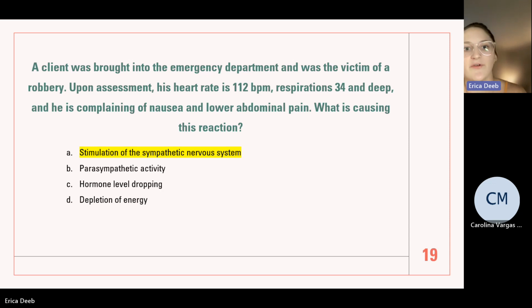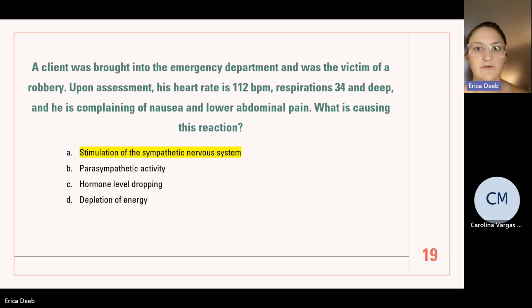His respirations are 34 and deep. We know normal is 12 to 20, so he's having some tachypnea. And then he's complaining of nausea and lower abdominal pain, which we all know when we get stressed out, it's like, oh, all of a sudden I have a stomach ache, because you're having that stress response. So it's going to be the sympathetic nervous system.